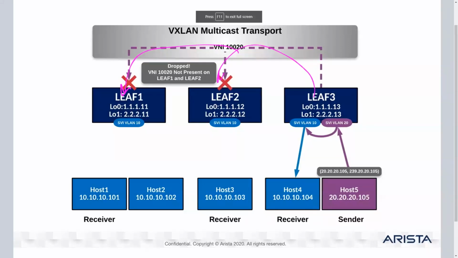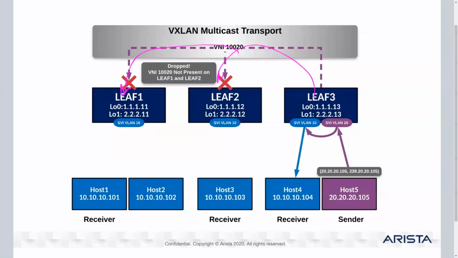So in order to ensure that there are no changes to the headers or to the TTL, all VxLAN encapsulated multicast feeds are bridged via whatever L2 VNI is associated with the sender's bridge domain. So I'm going to say one more time, that was pretty important. In order to ensure, again, that we don't modify the headers, don't touch the TTL, all VxLAN encapsulated multicast feeds are bridged via whatever L2 VNI is associated with the sender's bridge domain.